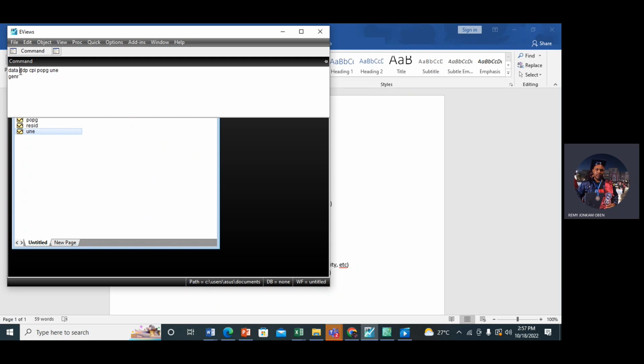Up here with the first command we gave, the command was data, and then we just typed out the variables. When you write data, you are telling EViews that you want to input your data. This second command, GEN, stands for generate. You're telling EViews that you want to generate something. So we want to generate the logarithmic form of each of these variables.